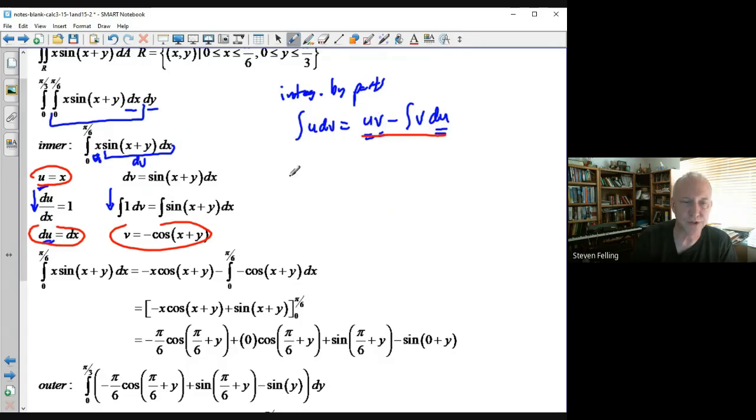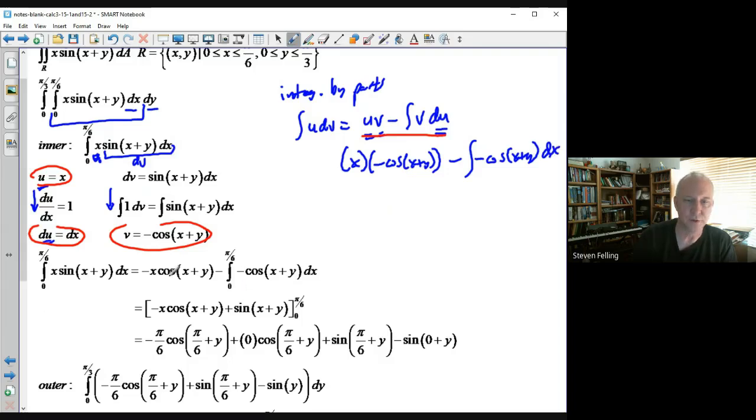So the u is x, that's this. In fact, let me do it over here. The u is x, the v is negative cosine x plus y, minus the integral of v, which is negative cosine x plus y, and then the du, which is dx.